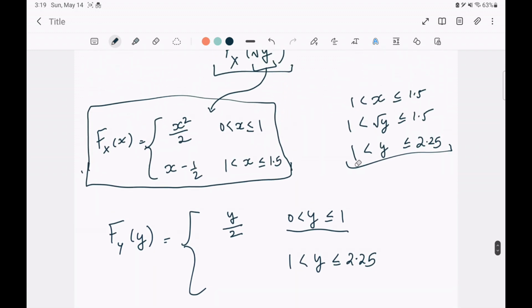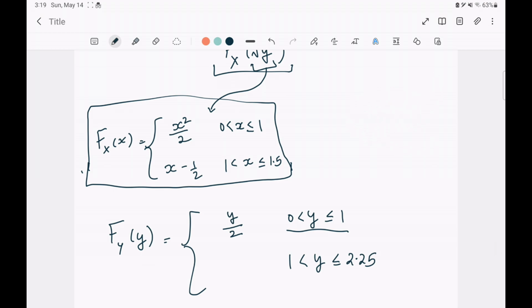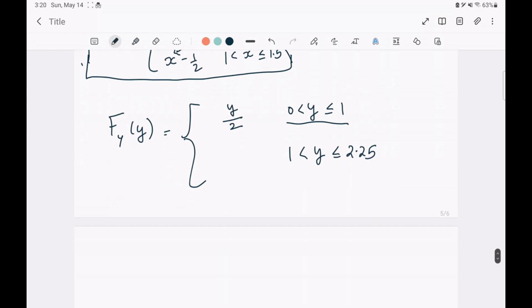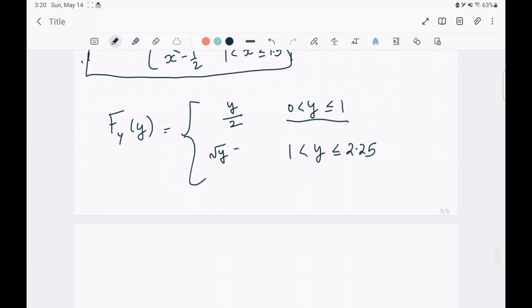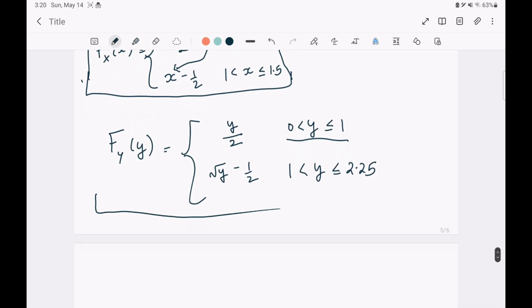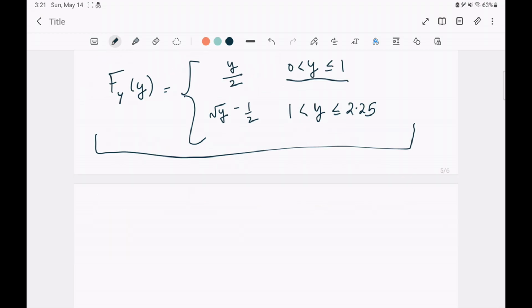If you plug square root of y into this function, it would behave as square root of y minus half. Hence this would be the cumulative distribution function of y. And obviously for values of y greater than or equal to 2.25, this would be equal to 1.